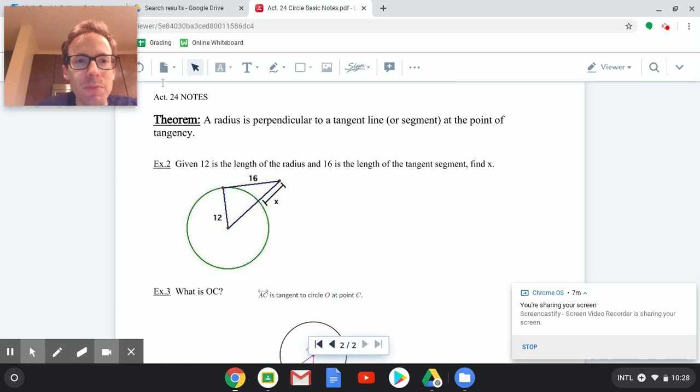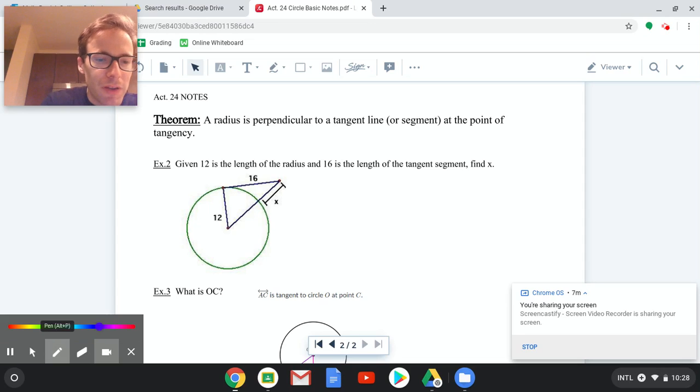Okay, so our important theorem for this lesson is a radius is perpendicular to a tangent line or segment at the point of tangency. This is an important theorem about circles. So I'll draw this out.